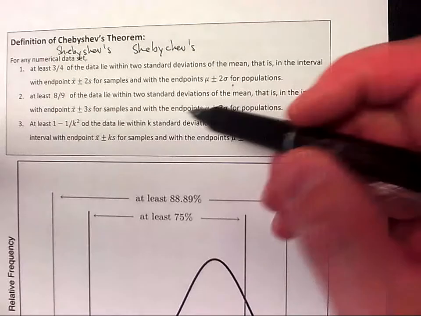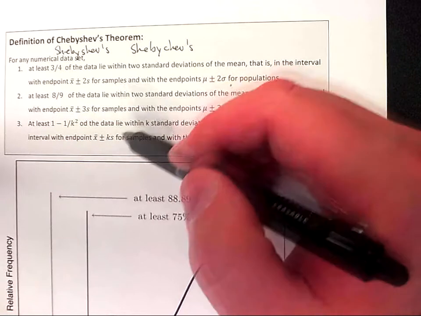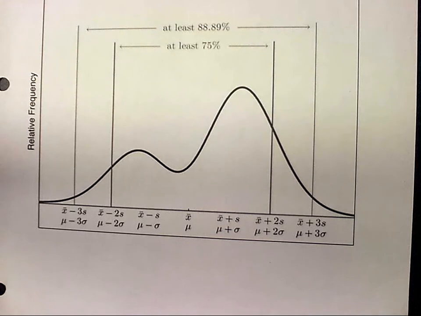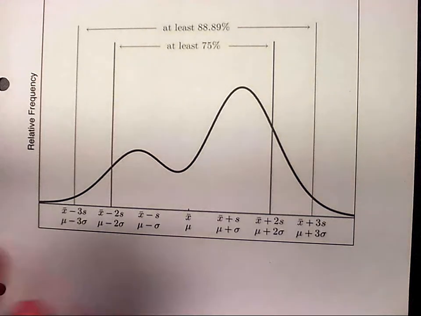Well, as you can see from this picture, I'm going to go over what this definition says, but we're going to do it in terms of a picture down here. Just looking at this picture, what's the main difference between Chebyshev's theorem and the empirical rule? This is definitely not a bell-shaped and symmetric distribution, which means that we can apply Chebyshev's theorem to any distribution.